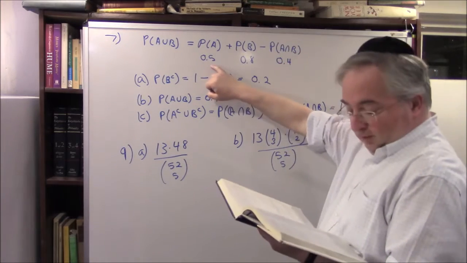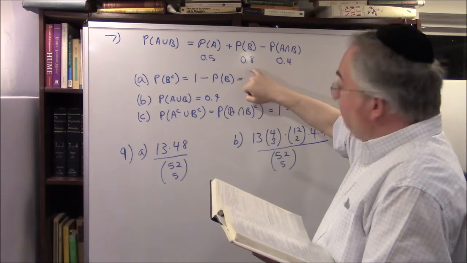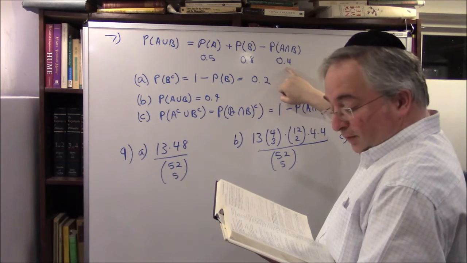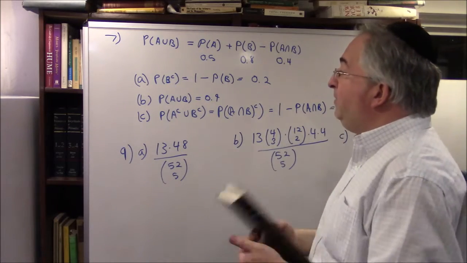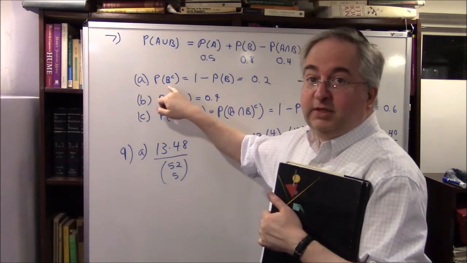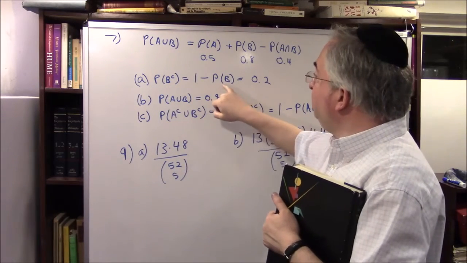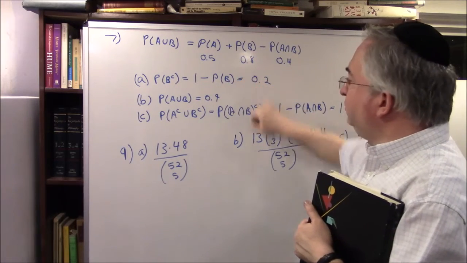Probability of A is 0.5, probability of B is 0.8, and probability of A intersect B is 0.4. Okay? Find P of B complement. P of B complement is those things not in B. Whenever you see not, you mean minus. So it's 1 minus P of B. P of B is 0.8, so 1 minus 0.8 is 0.2.